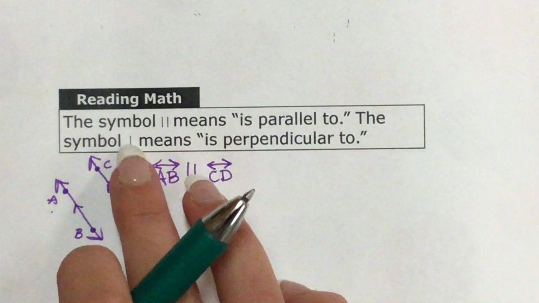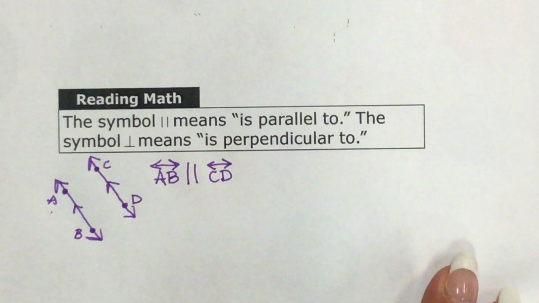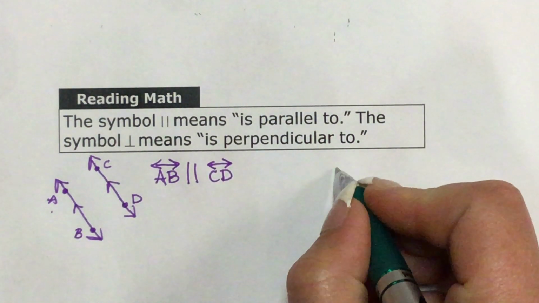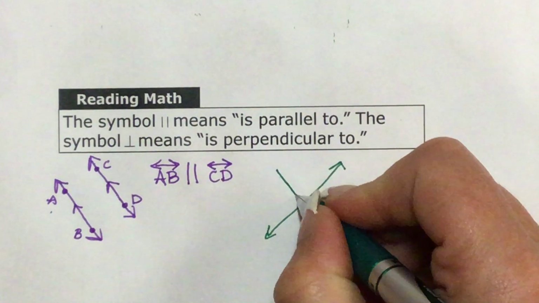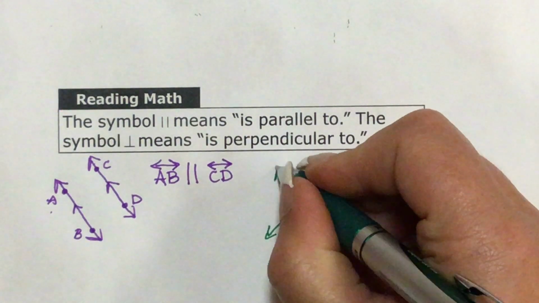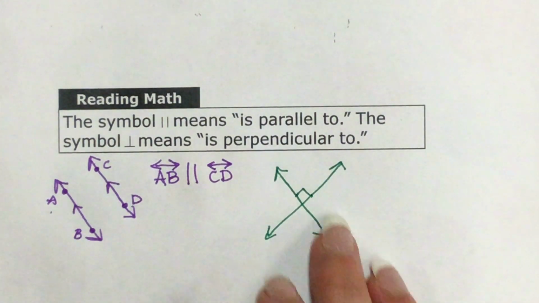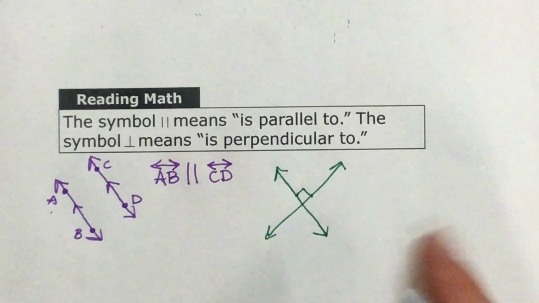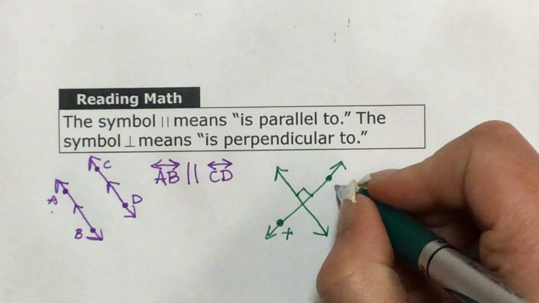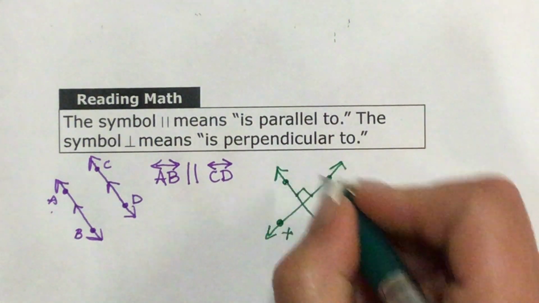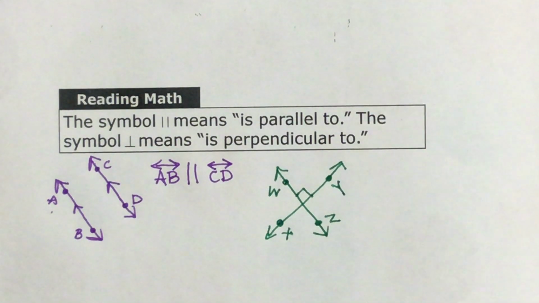And the symbol that looks like an upside down T means is perpendicular to. So let's say I had a figure like this, and then it went like that. Okay, and we have a little mark there which shows that it's perpendicular, 90 degrees. Let's go ahead and label these. We're going to call this X, this Y, and this W and Z. Okay?